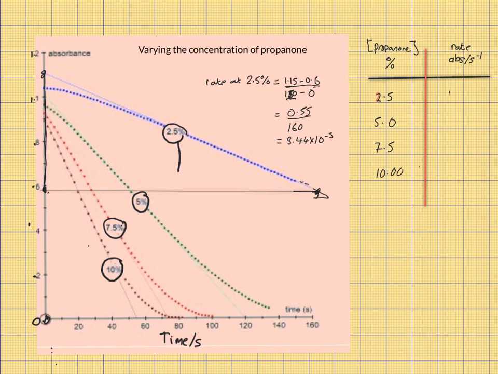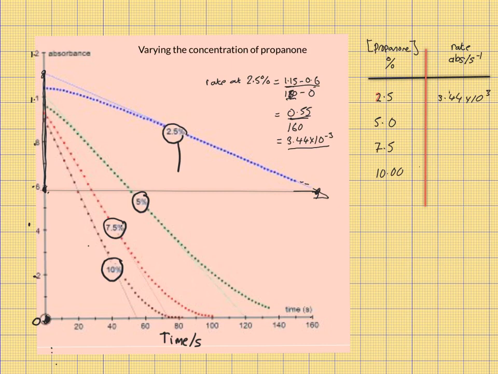So again, don't forget how to measure the gradient. So here I've calculated the change in absorbance to be about 0.55. The time, because our triangle starts from here to here, that's 160 take away 0. So that comes out as a rate of change in absorbance of 3.44 times 10 to the minus 3.